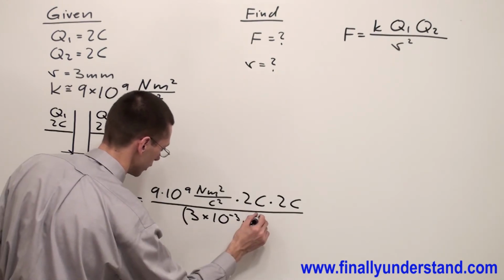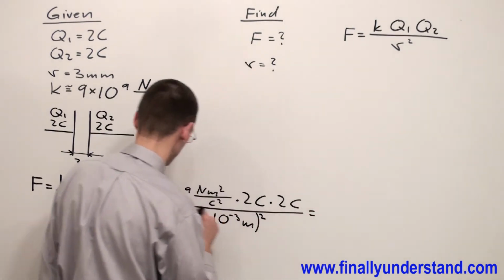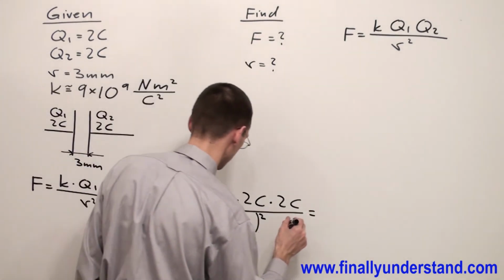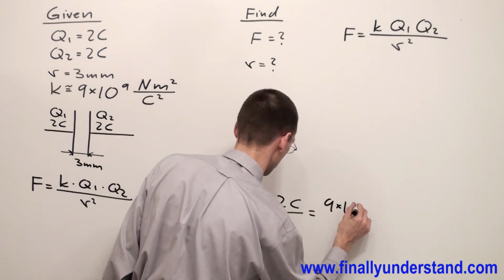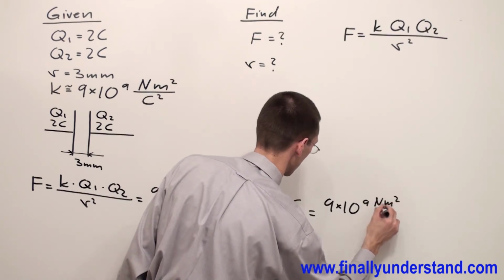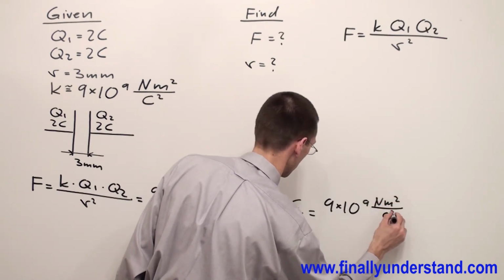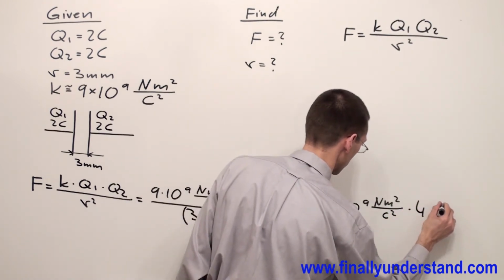Everything has to be squared. And I have 9 times 10 to the 9th newton meter square over coulomb square times 4 coulomb square.